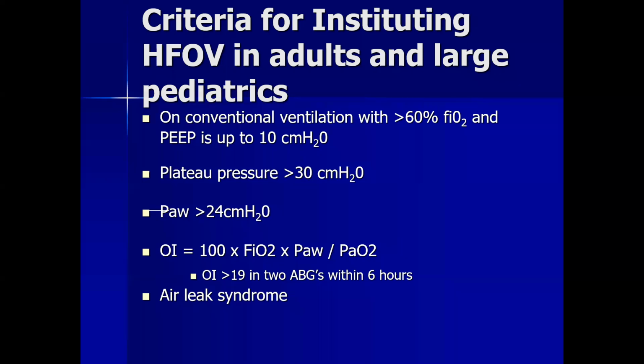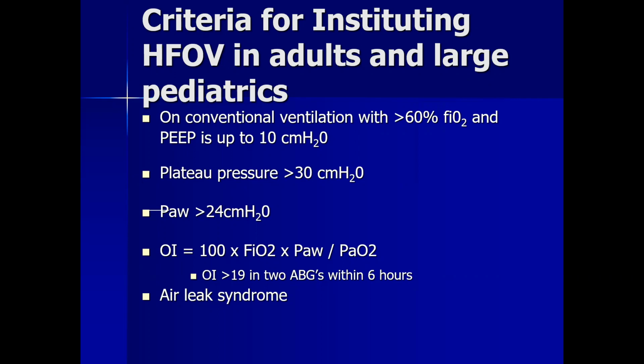If you were using it on an adult, you'd have them on conventional ventilation and it's not working. Their FiO2 is greater than 60%, their PEEP is more than 10, and still you can't oxygenate. Maybe you tried BiVent, you still can't oxygenate, you would recommend the oscillator.